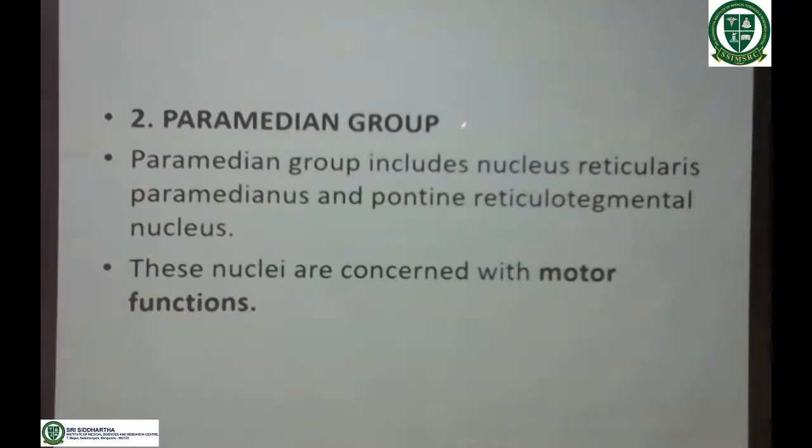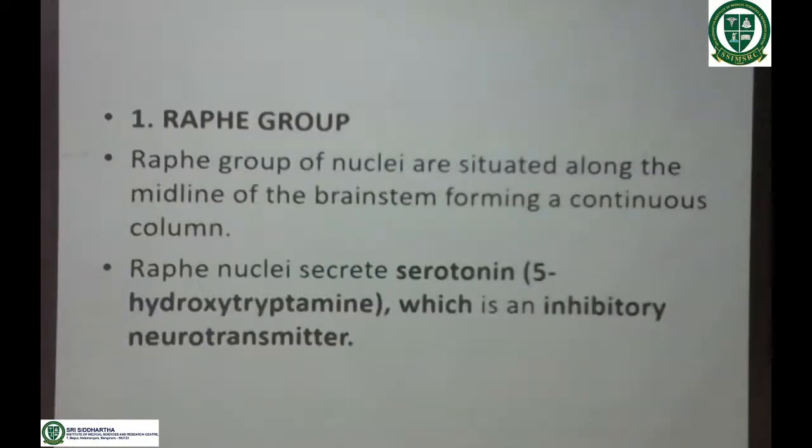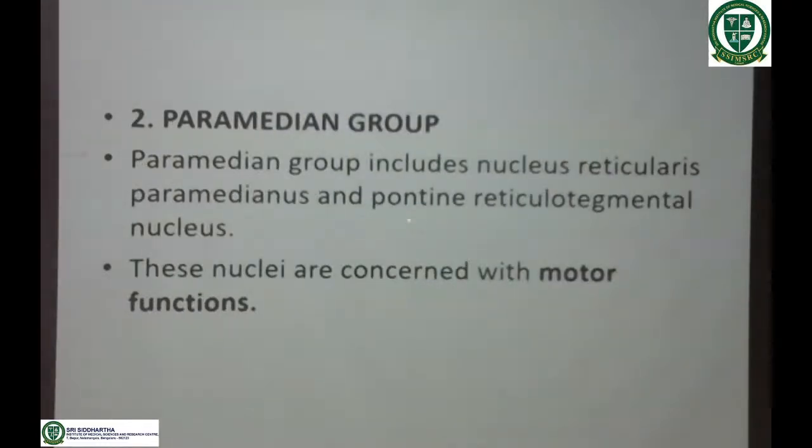So, these are the 2 nuclei in the paramedian group. These nuclei are concerned with the motor function. You should remember the Raphe group secretes the inhibitory neurotransmitter serotonin, and the paramedian group is concerned with the motor function.